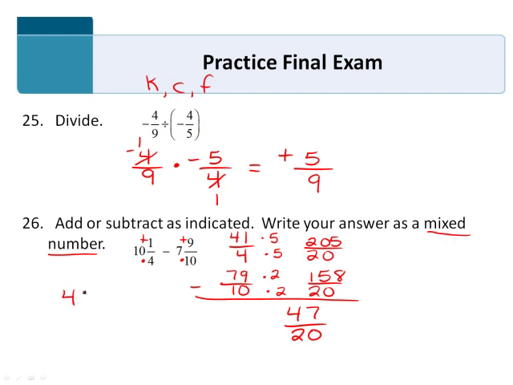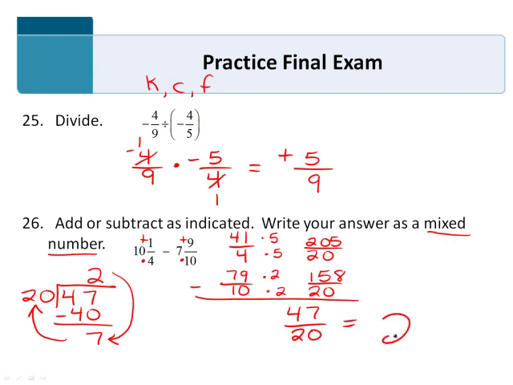So now we divide 47 divided by 20. 20 will go into 47 2 times. That's 2 times 20 is 40, and that leaves 7. So remember your mixed numbers in a circle here. You start at the top. That would be 2 and 7/20, and that's your answer.